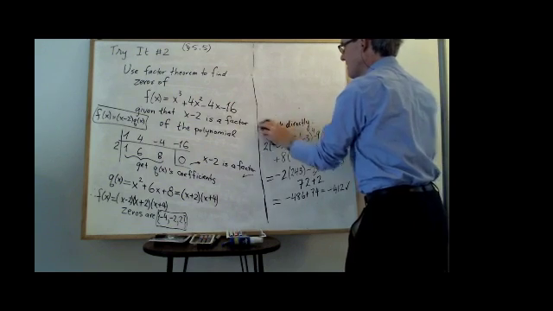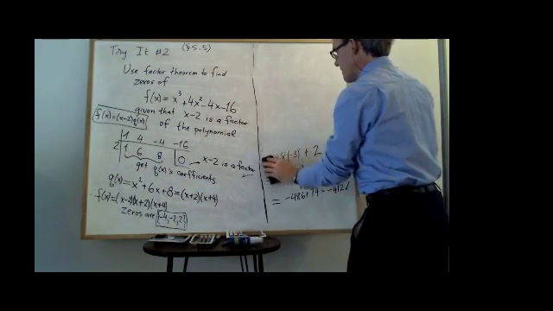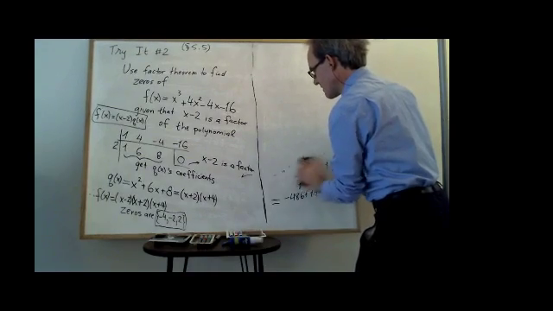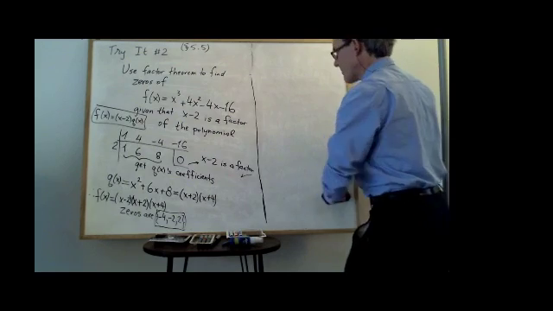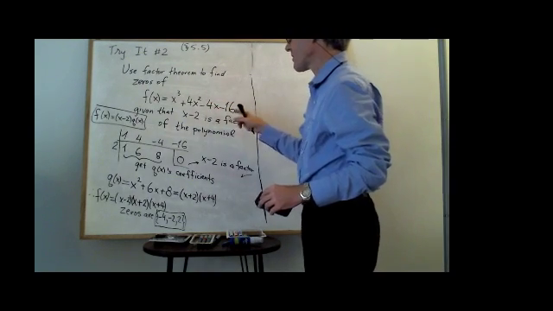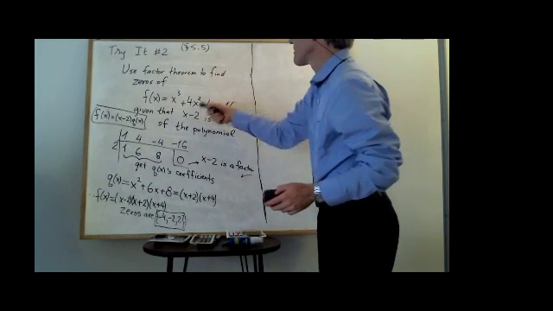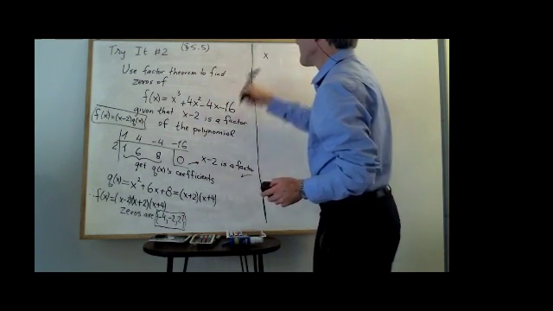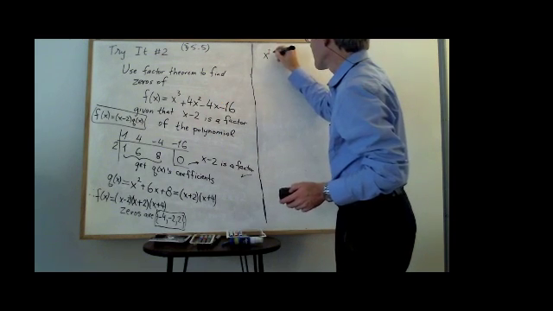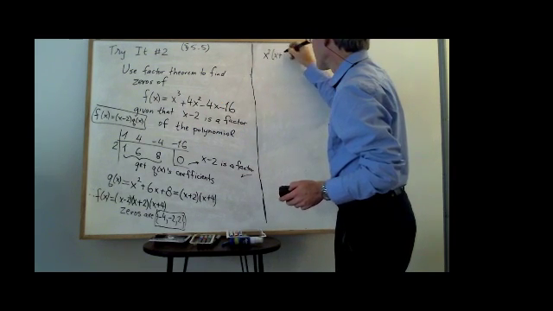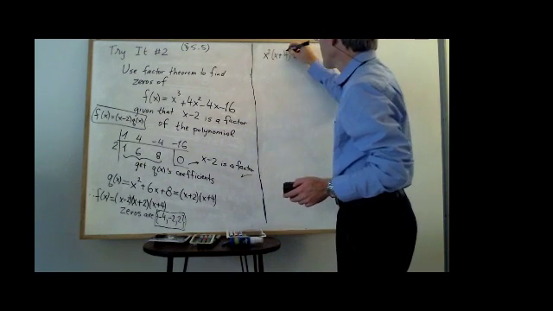Another way to do it, since I mentioned the grouping method before, you can also do this from the starting point by checking to see if the grouping method works. And indeed it does. So you group these together and you take out the common factor, it's x squared, and you get x plus 4 from that one.